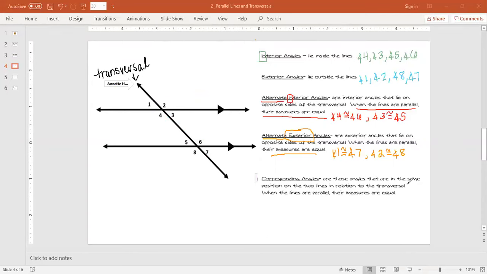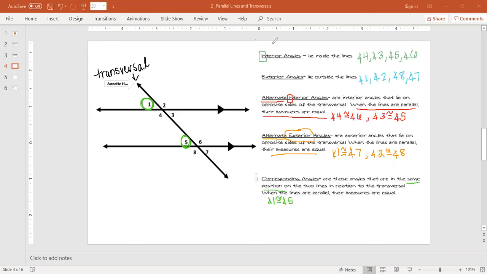So when I say the same position, here is what I mean. If I start with angle 1, what angle is on the left side above a parallel line? What's the other angle on the left side above the parallel line? Well, that's angle 5. So angle 1 is congruent to angle 5 because they are corresponding.